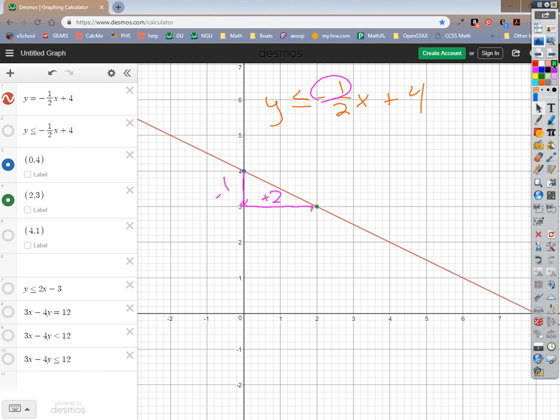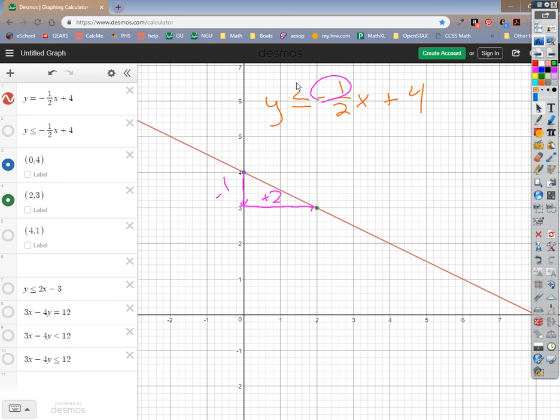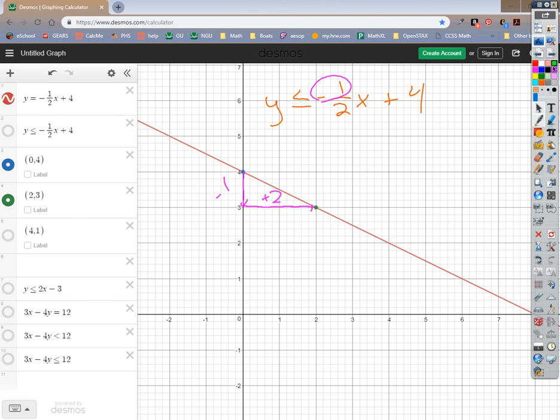Good. So if we notice right here, when I get the y by itself, I have y is less than or equal to the boundary line, which means I'm going to shade down from the boundary line, right? If I don't use that trick, how could I use a test point? What would I do? If I try the point 0, 0, if I plug 0 in for y, I get 0.